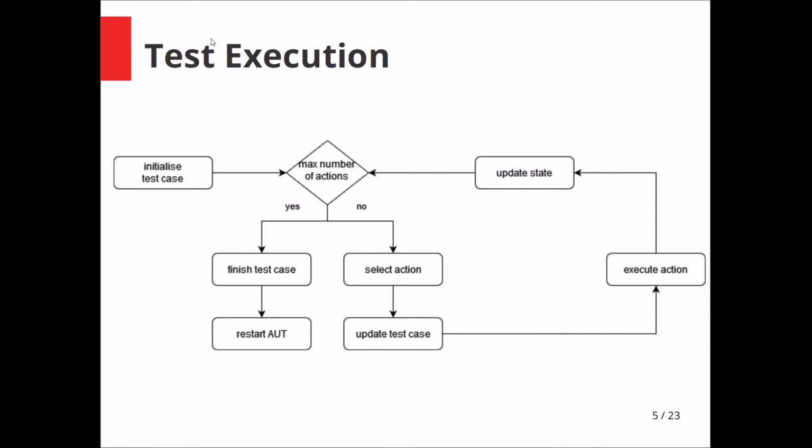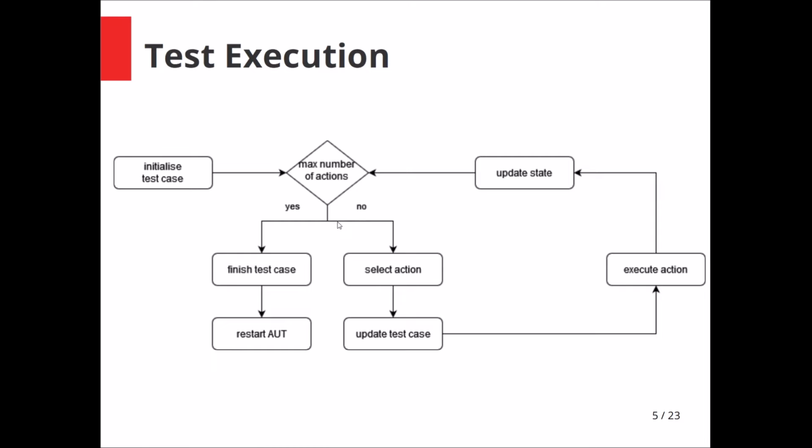Now to the test execution process. We initialize a new test case and iteratively fill the test case with actions until a maximum number of actions is reached. That means we select an action, update the test case accordingly, execute the action on the device, and update the current state.